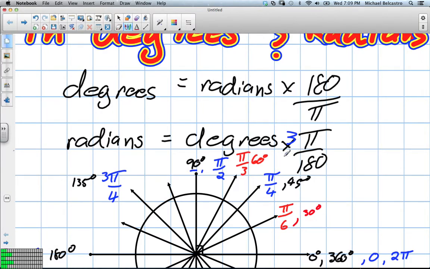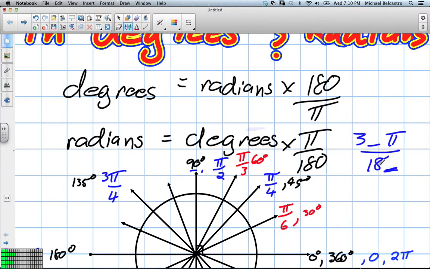I know that's my conversion to radians. So if I have 30 degrees and I'm trying to figure out what it is in radians, I put 30 times this. So it becomes 30 pi over 180.